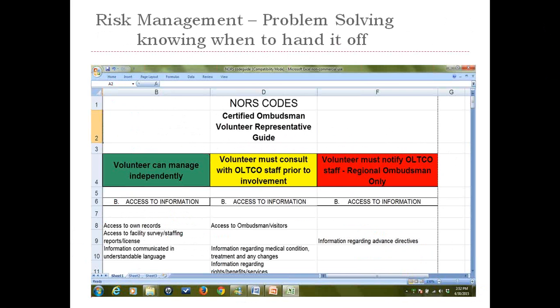We've taken the codes from the National Ombudsman resource and gone through and identified areas that the volunteer can manage independently as soon as their certification is complete, to the yellow area where we would like them to exercise some caution in reaching out to the office before becoming involved, and then the red area where we ask them to steer clear and identify that right off to the office so that a regional ombudsman can respond to that.